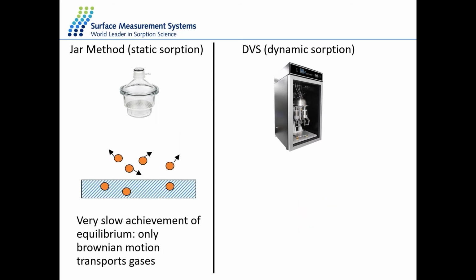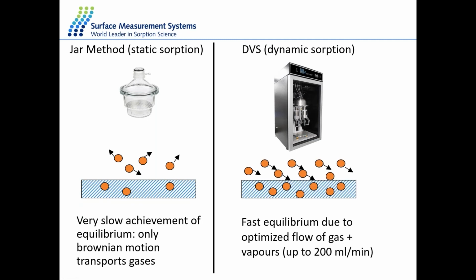The dynamic process: the equilibrium condition is established in a jar by diffusion, which is a static process. So the molecule migrates only pushed by a static condition from the chamber, from the inside of the desiccator, to the sample itself. In a dynamic vapor sorption, as the name says, dynamic indicates the fact that the molecules of solvent that we're using are pushed on the surface of the sample by a carrier gas, by a constant flow.